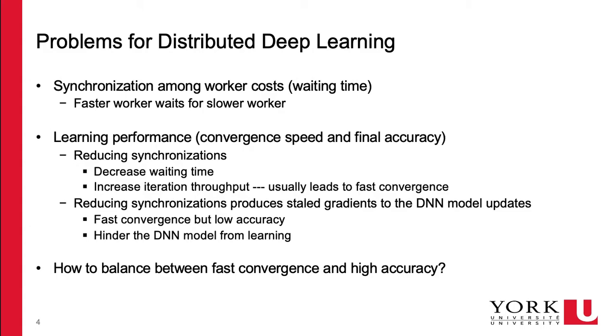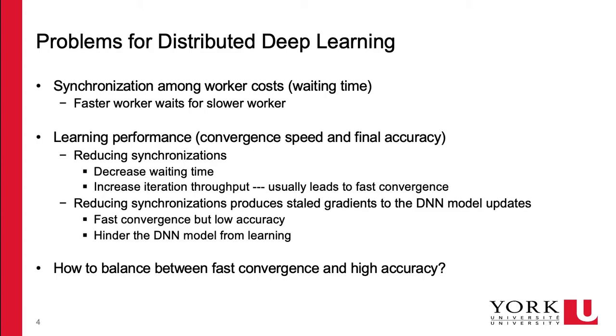Now, the problem for distributed training is the synchronization cost of workers, such as the faster workers having to wait for the slower workers. If we reduce the synchronizations, that will decrease the waiting time and also increase the iteration throughput. That could lead to fast convergence.